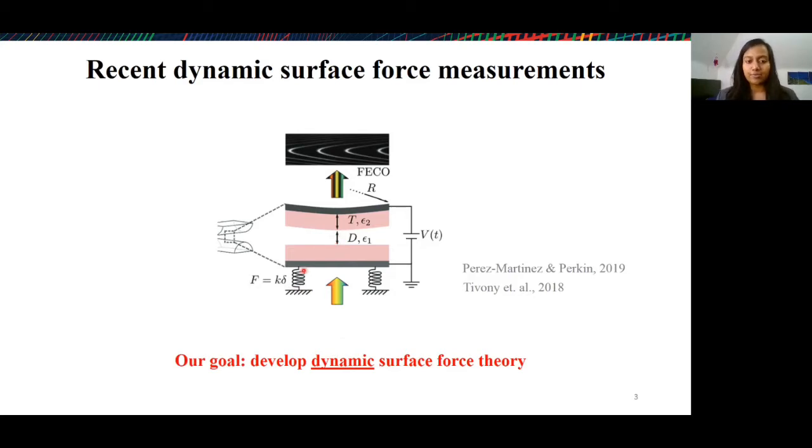To do this, I want to first understand what happens in the electrolyte in between when you have charged surfaces near it, and think of the physical origin of where the force comes from, and then we'll go to the mathematical description of the system.